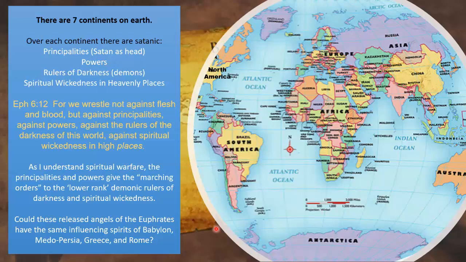Let Yahweh's will be done, because he's given us dominion over demonic powers, and those are the rulers of darkness and spiritual wickedness in heavenly places. Again, this is just my understanding. So getting back on topic, could these released angels of the Euphrates that we just read about have the same influencing spirits of Babylon, Medo-Persia, Greece, and Rome?